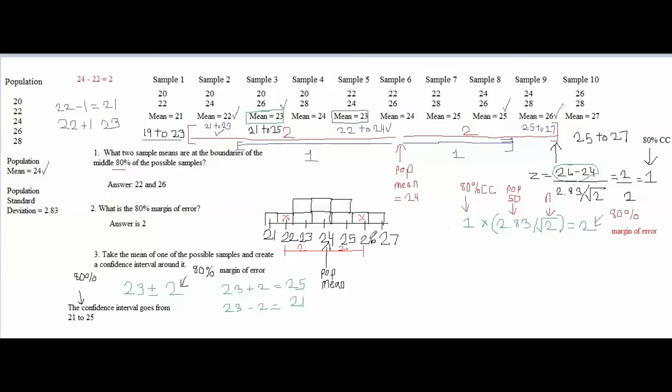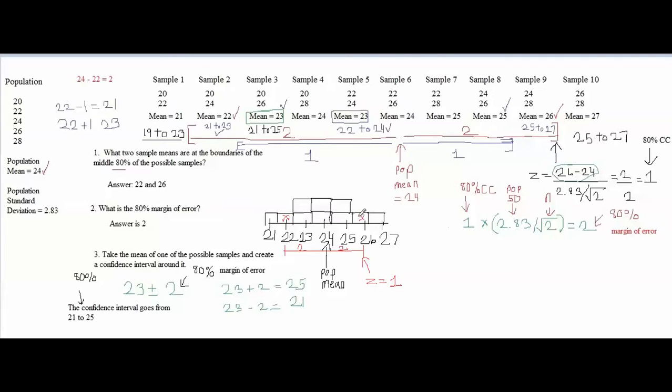And right here, the sample at the upper boundary had a z-score that came out to 1, which means that we could label the z-score of this sample right here z equals 1.